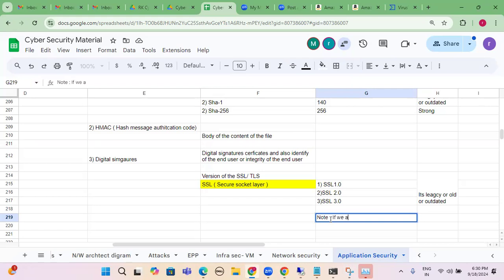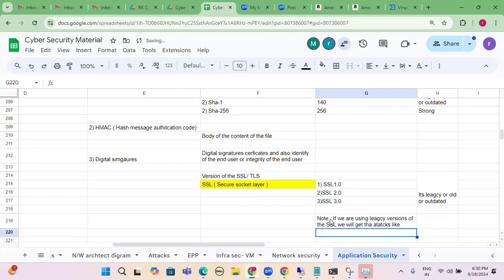If you are using legacy versions of SSL, we will get attacks like Heartbleed. So what different types of attacks can an attacker try if you are using weak ciphers? Heartbleed, he can try to do that.